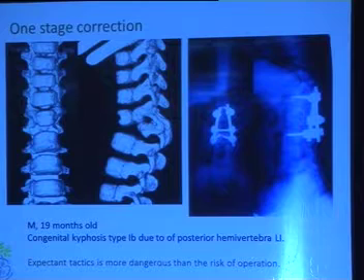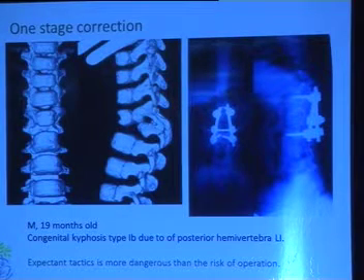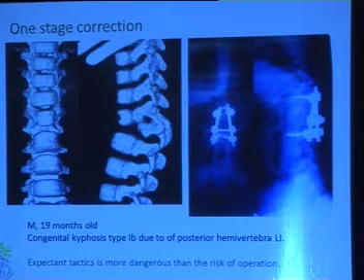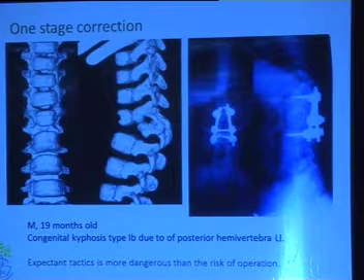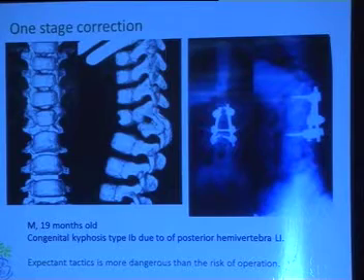Expectant tactics are more dangerous than the risk of operation. We use the technique of removing the pathological vertebra, decompression around the dural sac, correction of deformity, and instrumentation and bone graft fixation.